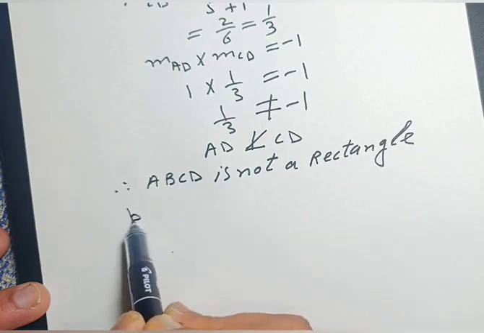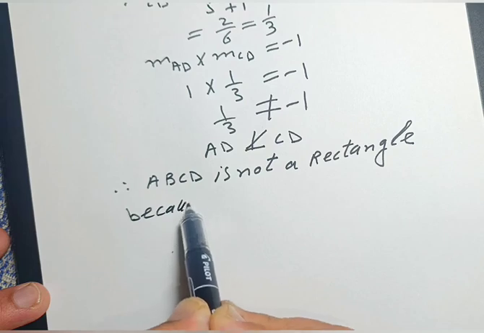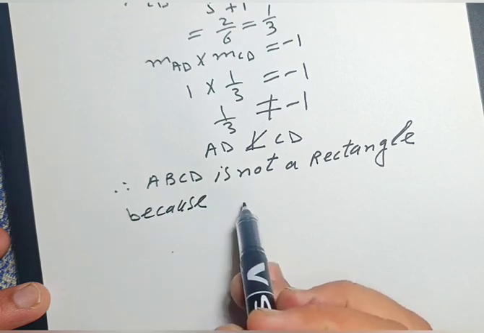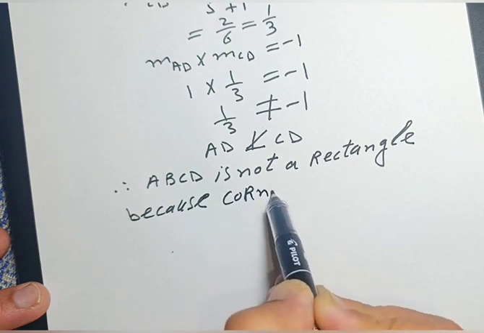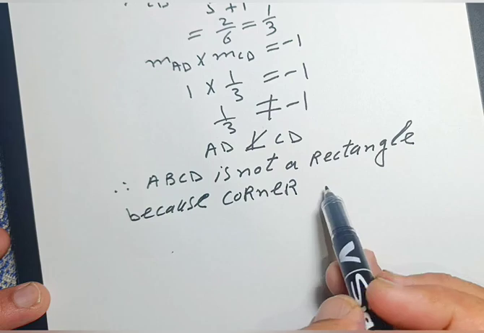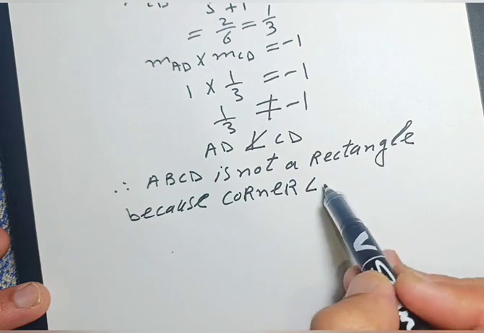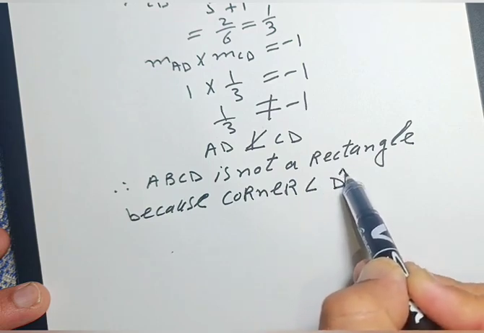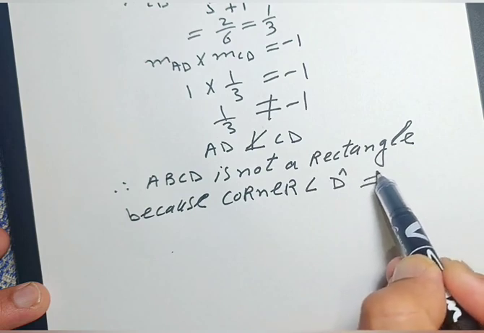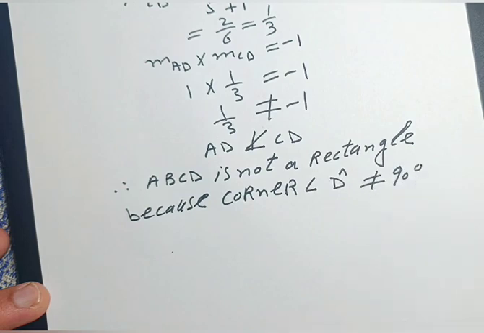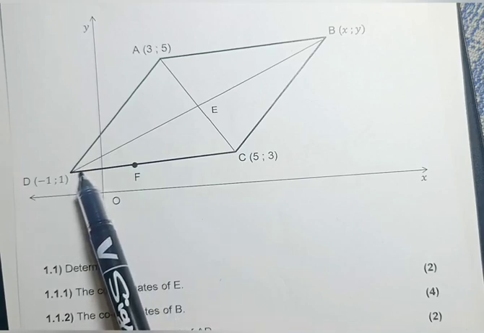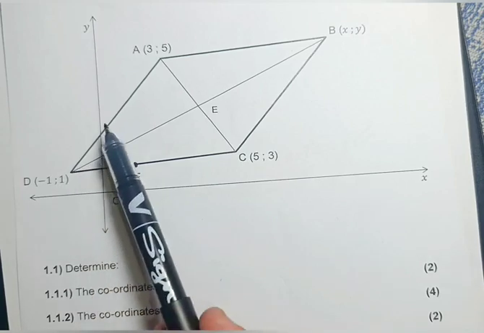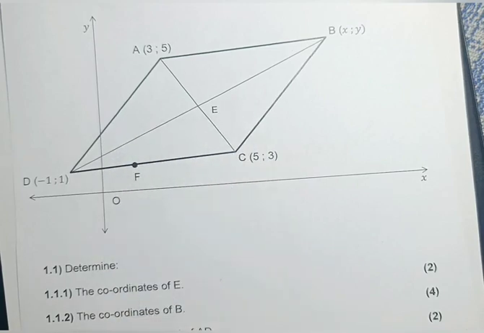Why? Because the corner angle, which is angle D, is not equal to 90 degrees. Have a look here. This is a corner angle, which should be equal to 90 degrees. It is not equal to 90 degrees, that's why this is not a rectangle.